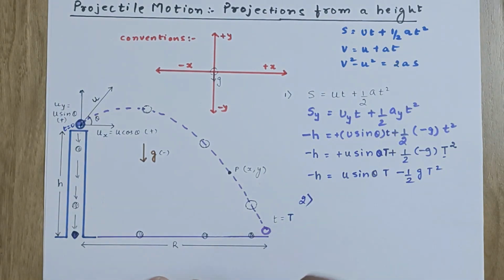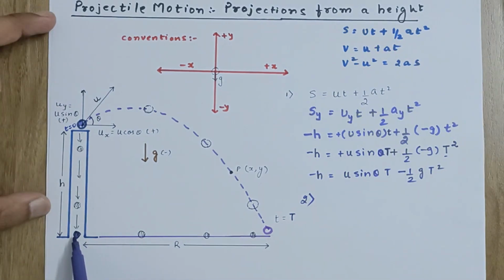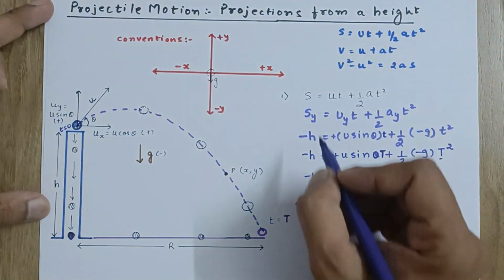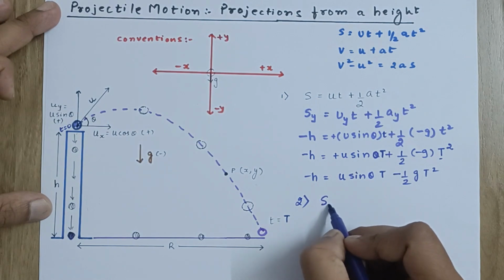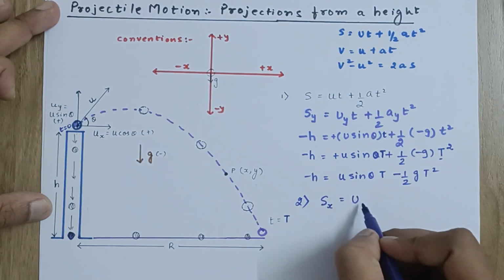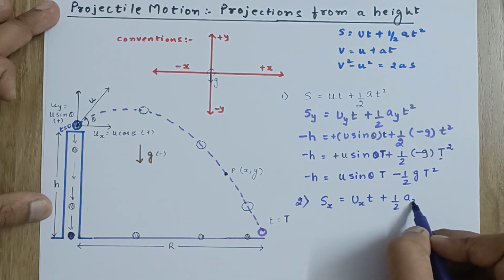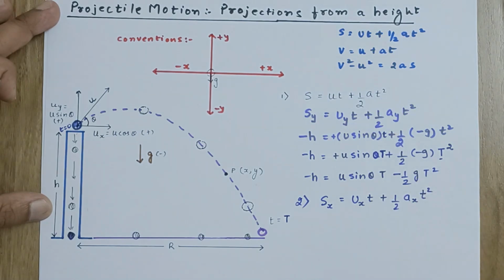Now the second thing I'm going to do is find out the range. And for range, since this shadow travels along the positive x-axis, I'm going to use the same equation along the plus x-axis. So I'm simply going to write down Sx, that is equal to uxt plus half axt square.